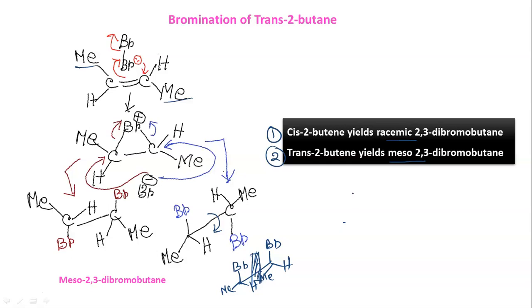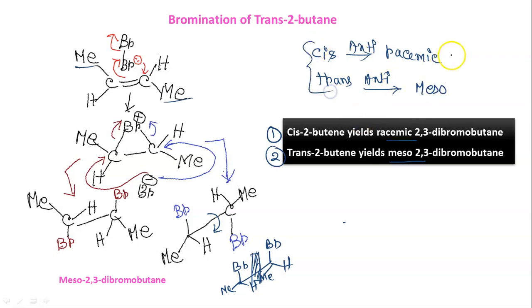For that, what I can suggest is, suppose when there is cis, meaning same side, and our mechanism is anti, then we are getting racemic. And if it is trans and the mechanism is anti, as if the two antis are cancelling each other, and ultimately we are getting meso. So it is just my suggestion that in this way you can remember it easily.